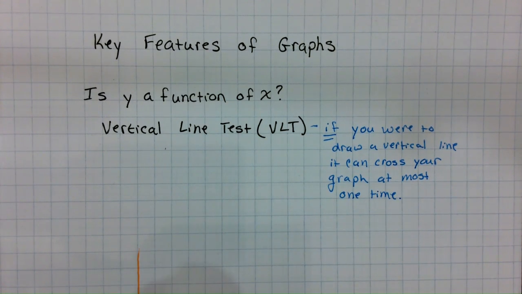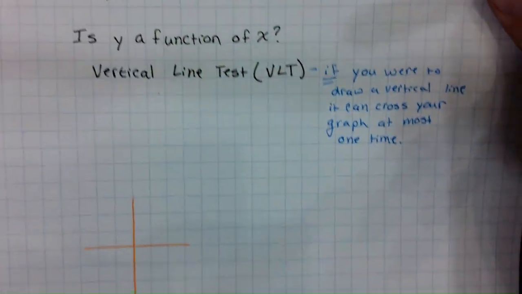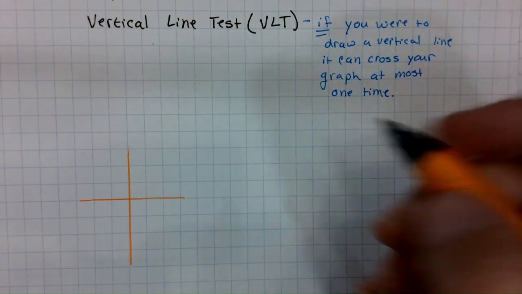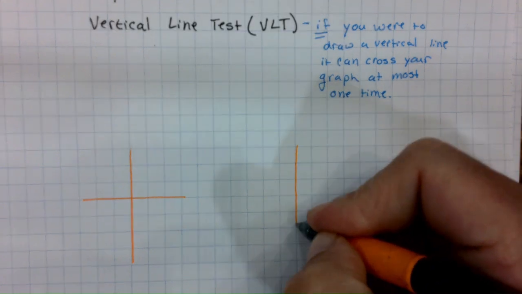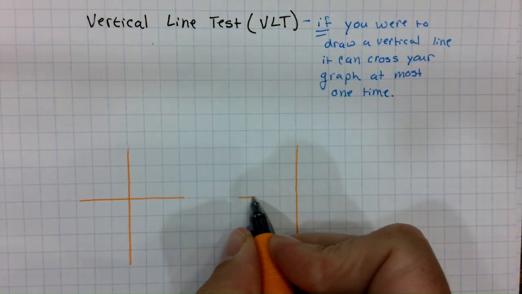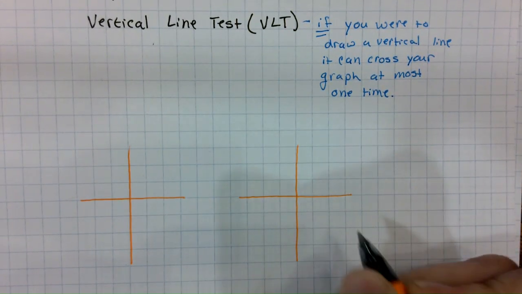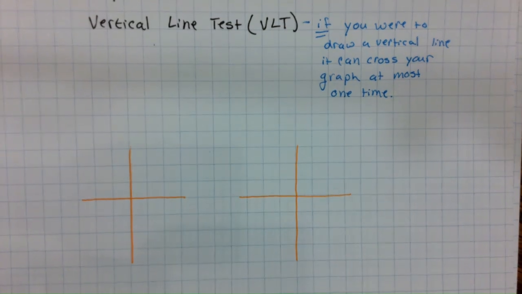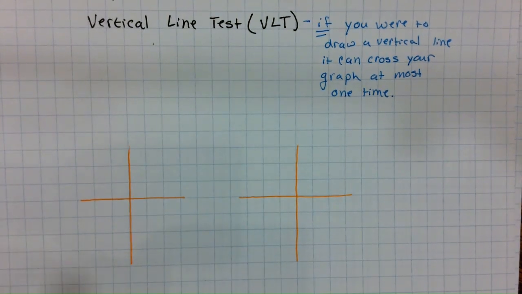I'll slide this up in just a sec. There we go. And I'm going to use an absolute value equation, but one time it's going to be a function and one time it's not going to be a function. And that's based off the input and the output. Don't have to worry about that right now. We're just worrying about, is y a function of x?